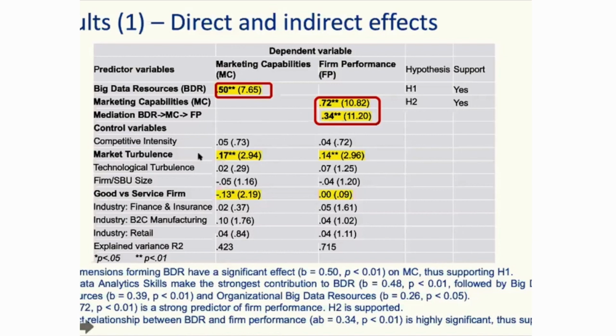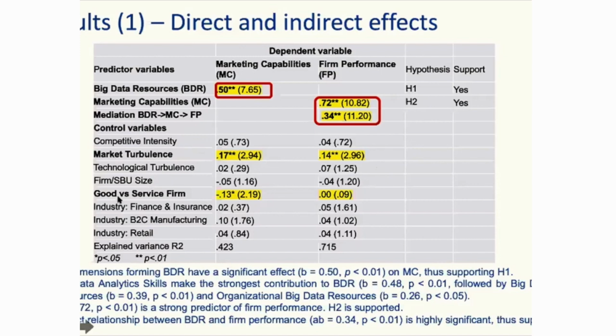And you can see here also, again, market turbulence is significant. So in highly turbulent markets, big data management has a more important impact on firm performance than in low turbulent markets. You can see competition, technology turbulence, and firm size have no impact, so they are not relevant.